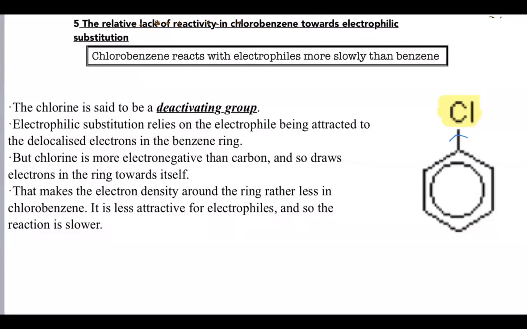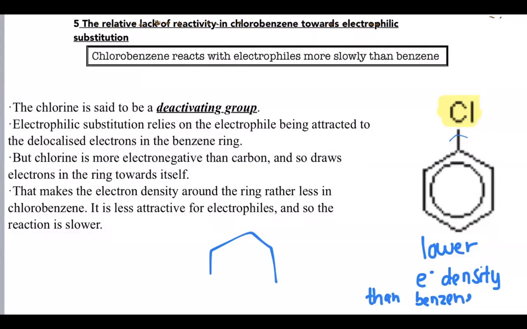So chlorobenzene has a lower electron density than benzene. How do you see that?